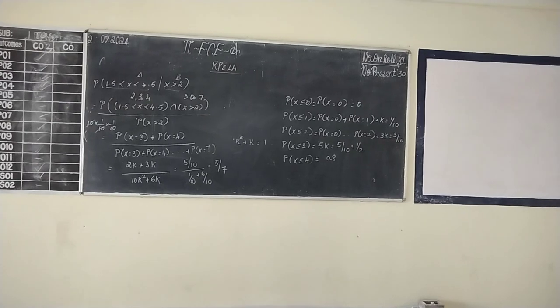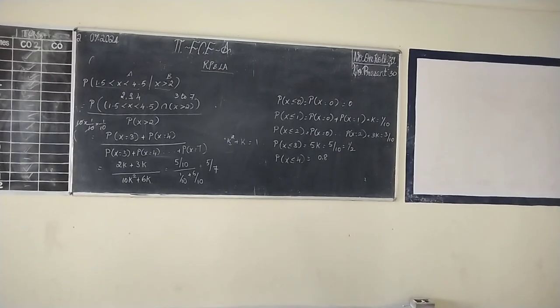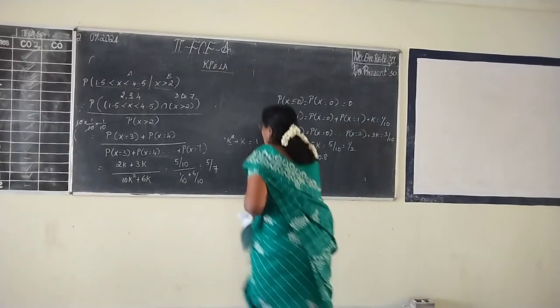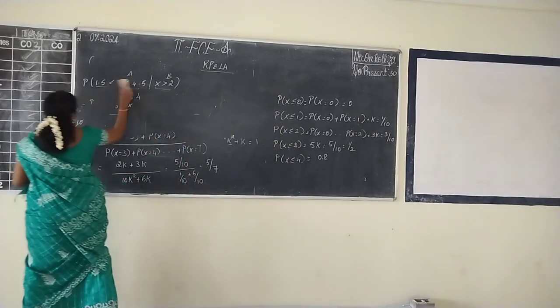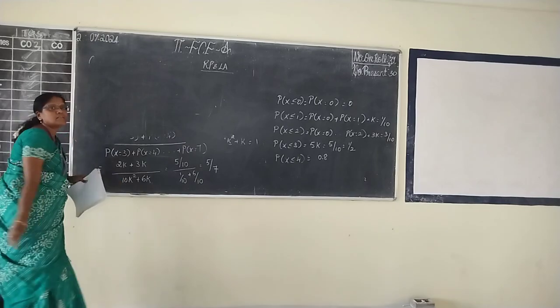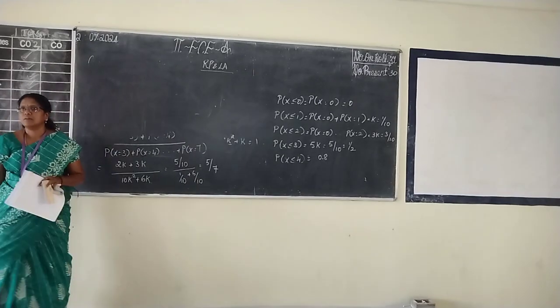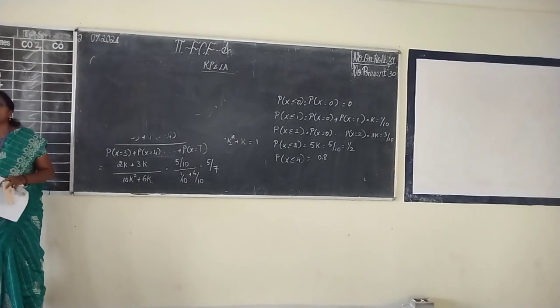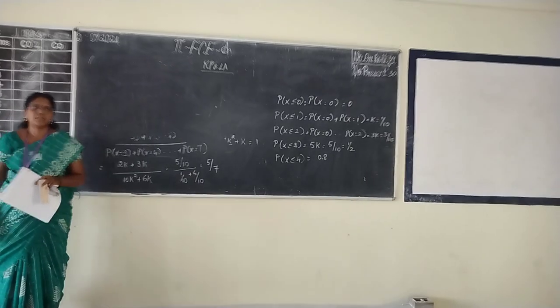The random variable x has the PDF. What is PDF? Probability density function. Write in small letters, don't write in capital.